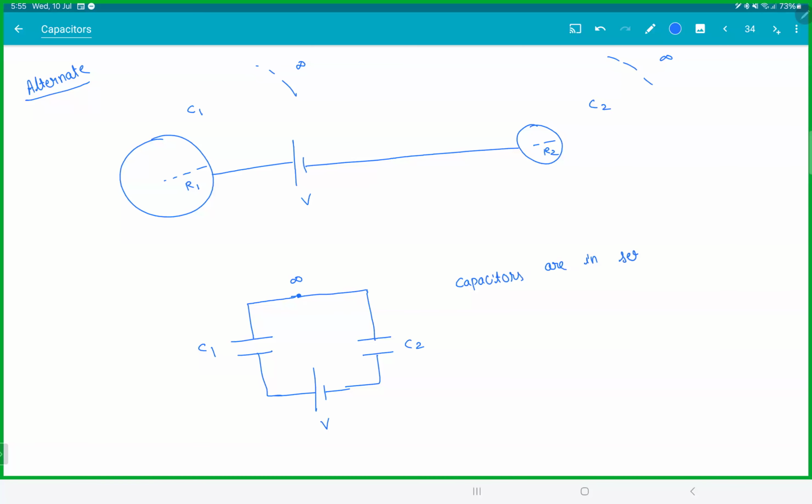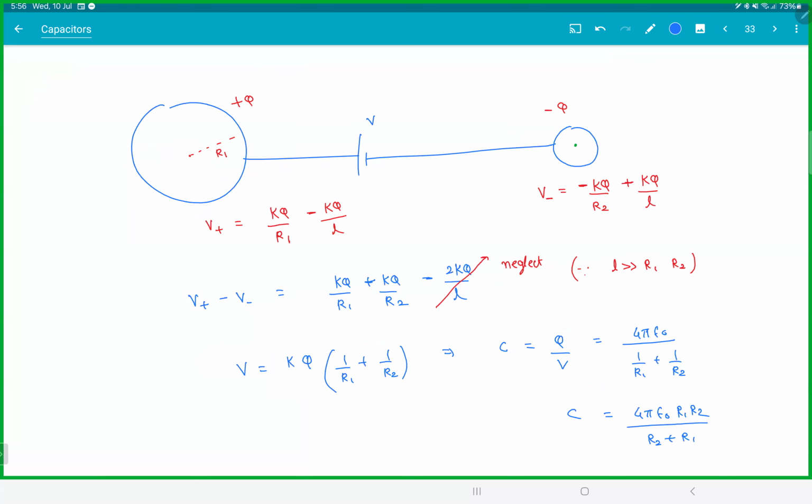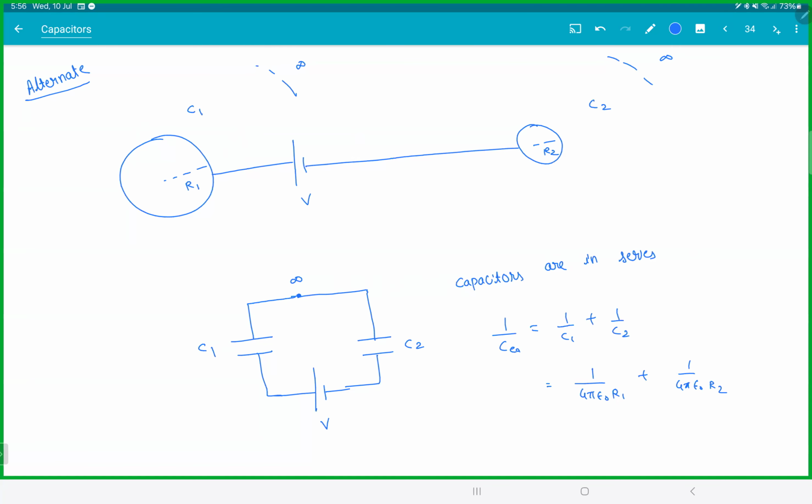I still didn't teach you this, but for capacitors in series, 1 by C equivalent is 1 by C1 plus 1 by C2. It is the reverse of resistors. You get the same answer. So C1 will be how much here? 1 by 4 pi epsilon R1, plus 1 by 4 pi epsilon R2. This is a much faster way if you don't want to do all this potential stuff. You can just treat them as two capacitors, between infinity and C1, and infinity and C2, with a battery between them.